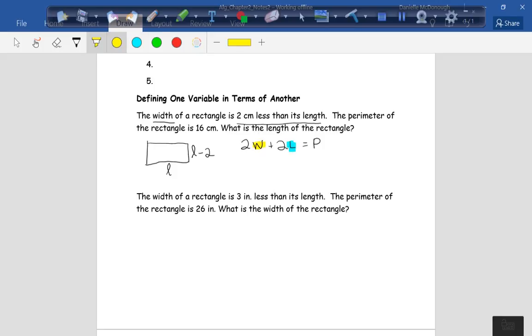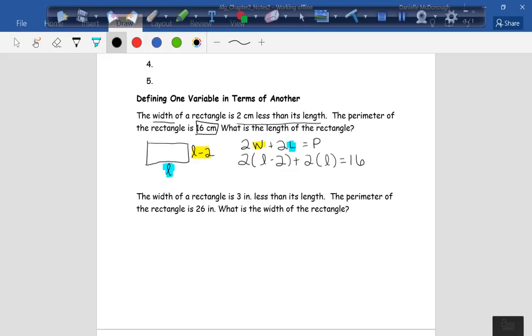We know the width here is L minus 2, and we know the length is just L. So I'm going to do 2 times (L minus 2) plus 2 times L, and that equals the perimeter, which up here it tells me is 16 centimeters. And so now I just have a multi-step equation that I need to solve.